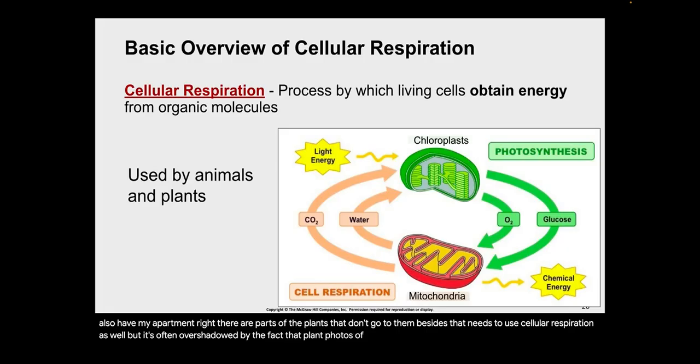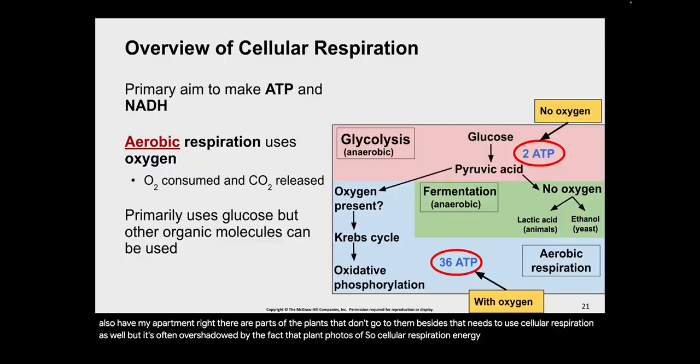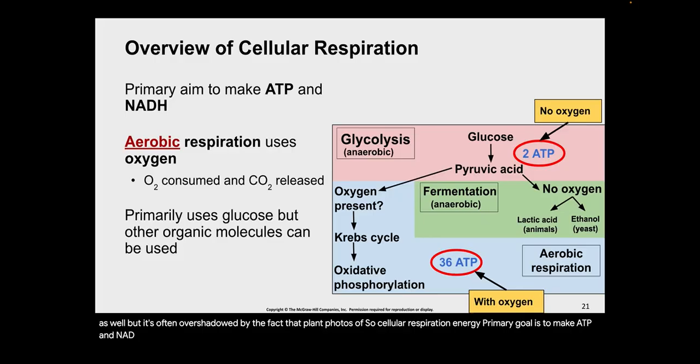All right, so cellular respiration, we're obtaining energy. Okay. Our primary goal is to make ATP and NADH. Now, we're going to look at aerobic respiration, which means we are going through the cellular respiration process where oxygen is also available, right?